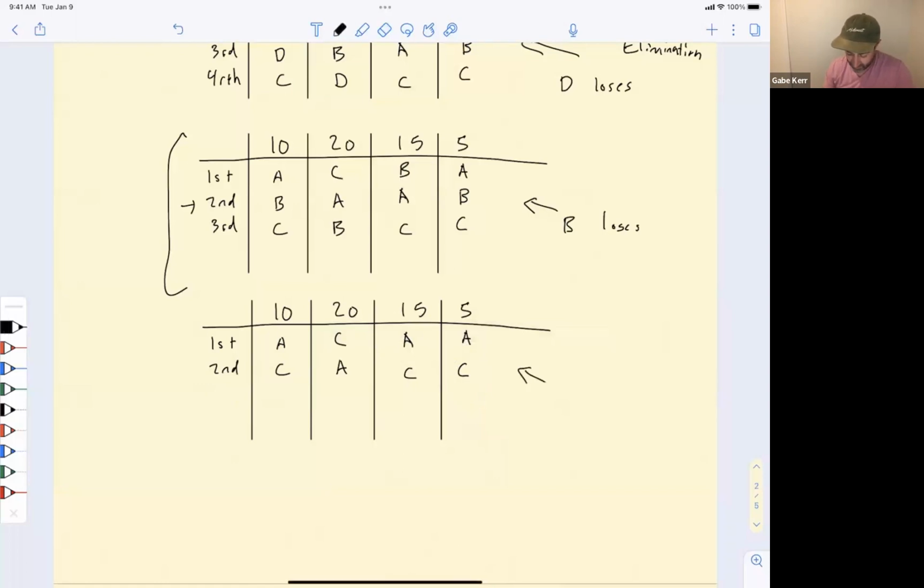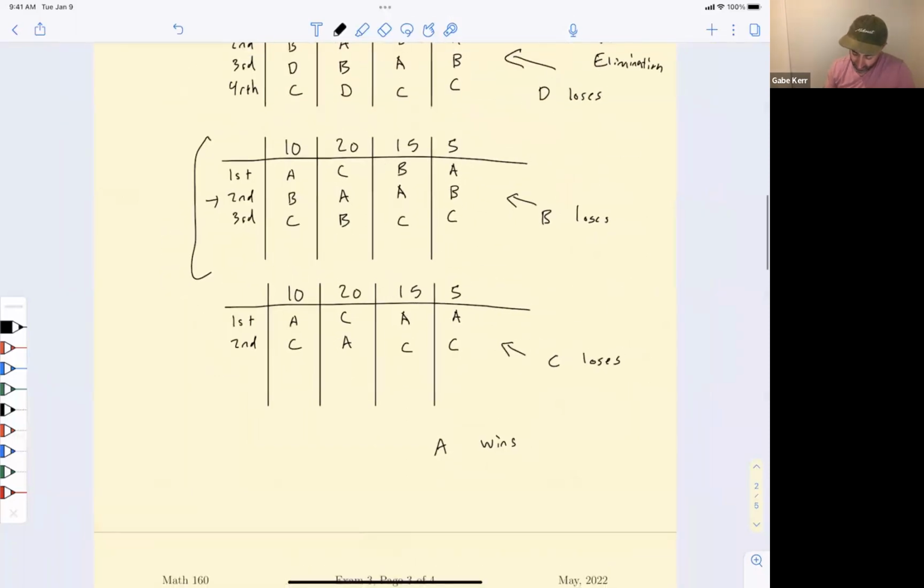But here it's clear that C loses. So in particular, A wins. And if you want, you can write out the ranking: A is first, C was the runner-up so second, and then B, and then D.